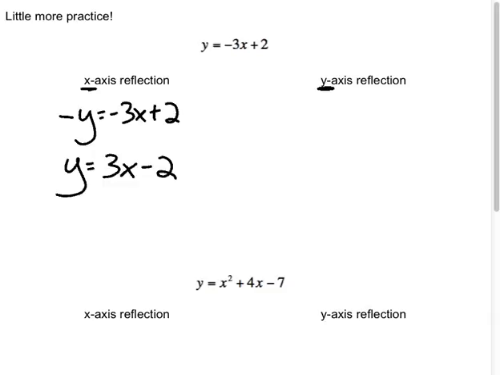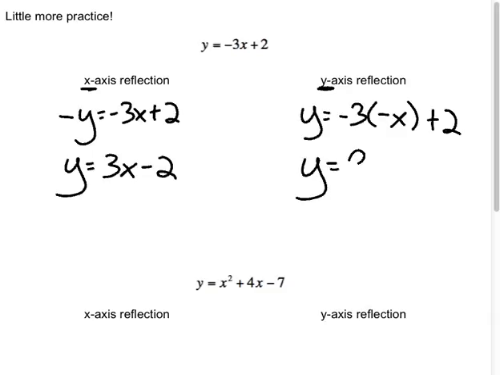Y-axis. This time the y gets to hold its value while the x has to take on the negative. So here, when I resolve that, -3 times -x will be a positive 3x. And that's what you're going to end up with.